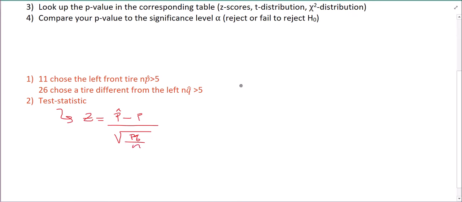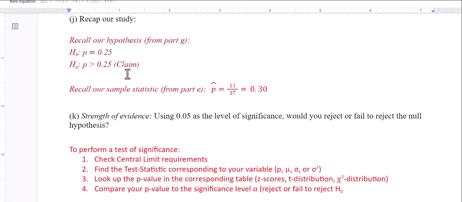So for our particular sample, we know that p hat is 0.30. How do I get my p? This is from our null and alternative hypotheses, which is why I had us recall them over here. Our sample statistic is 0.3, and our hypothesis is that p is 0.25. So that's what we're going to use as p.